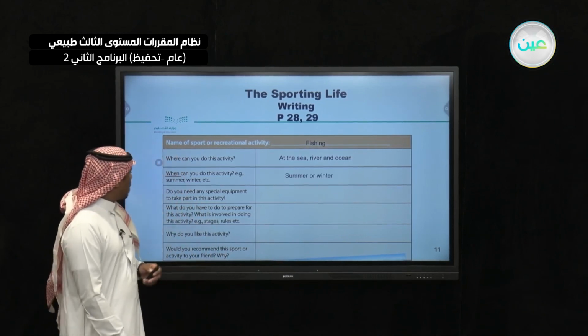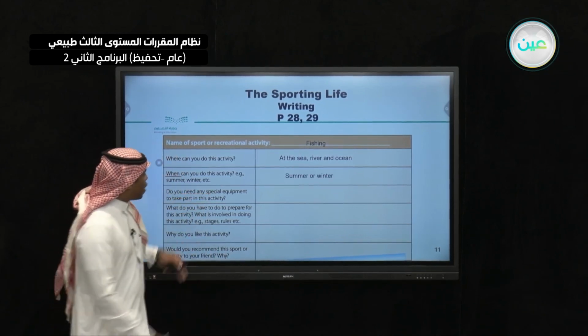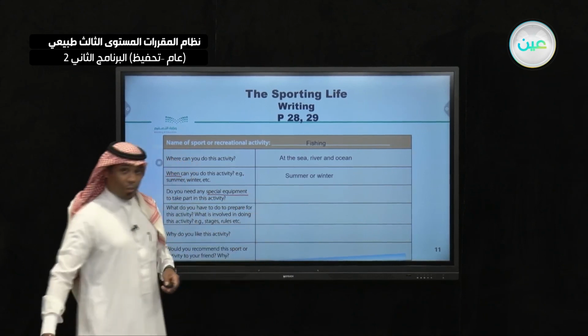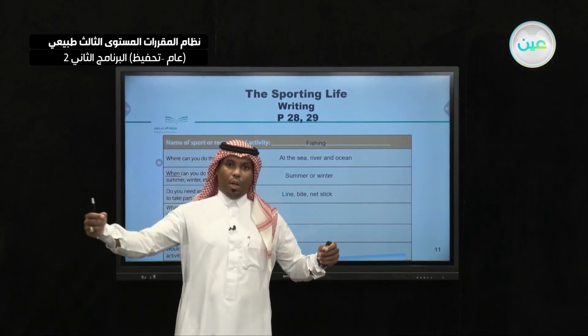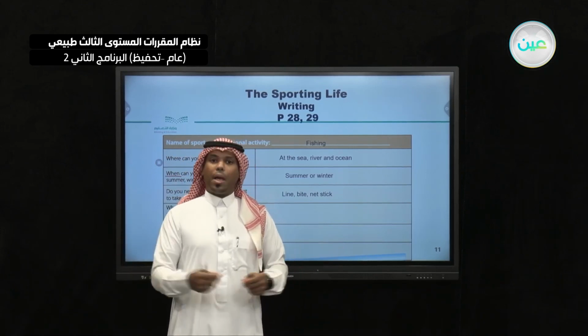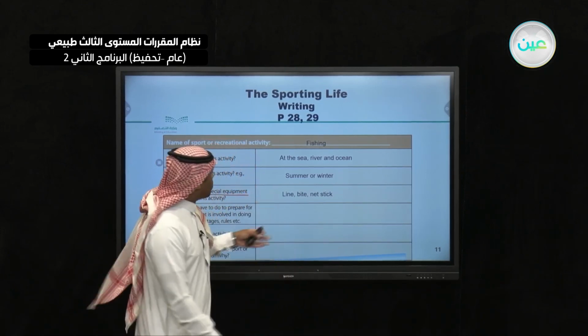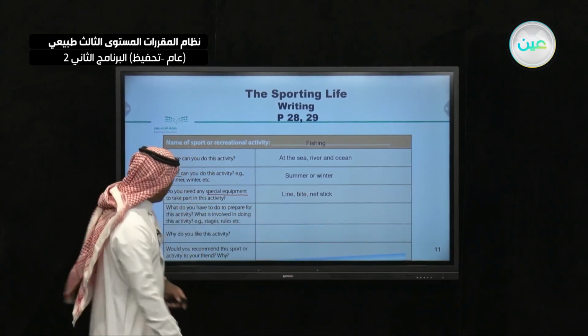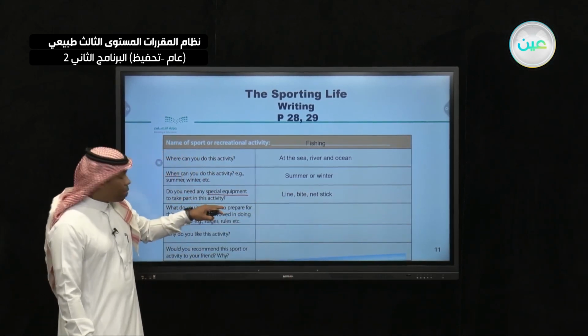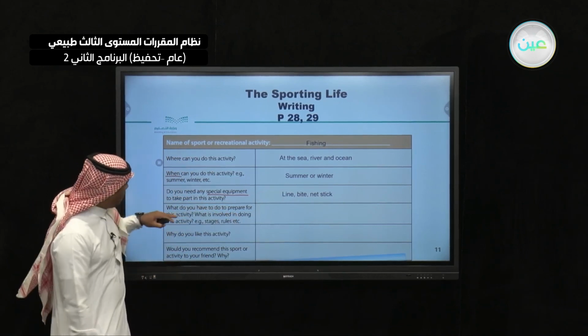Do you need any special equipment for fishing? Yes, of course. We need a line, for example. We need a stick. We need bait, for example, and of course a net for fishing. What do you have to do to prepare for this activity?